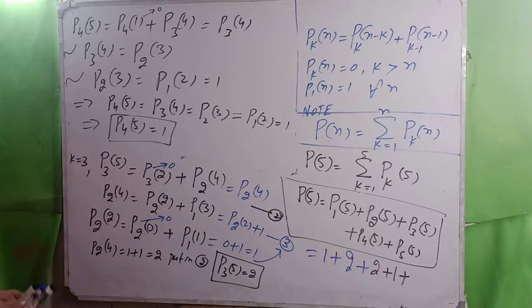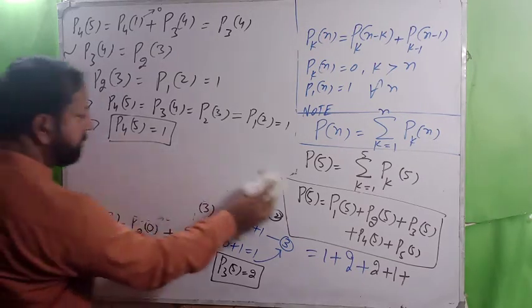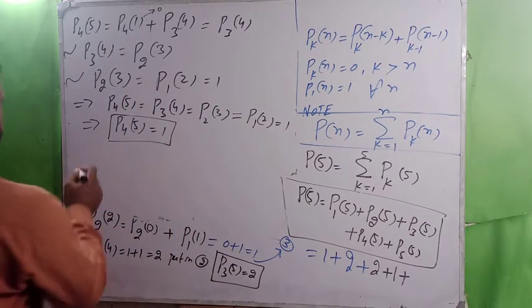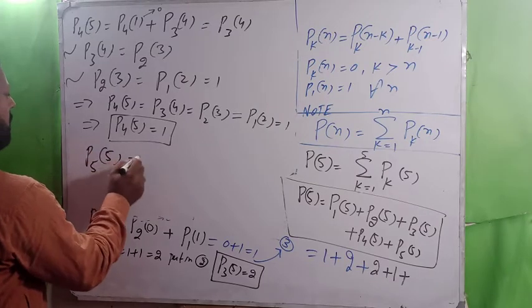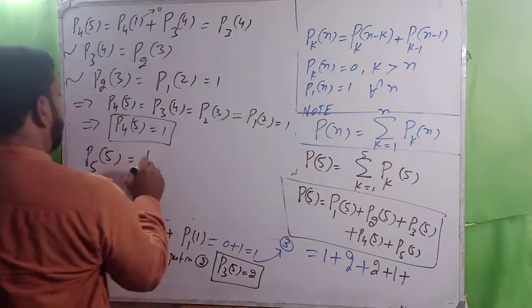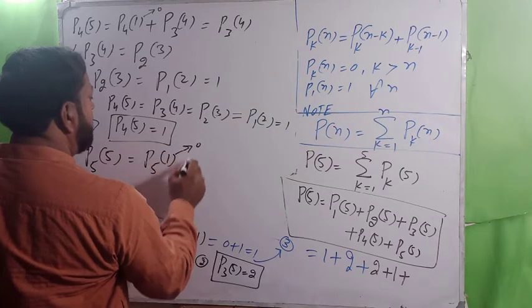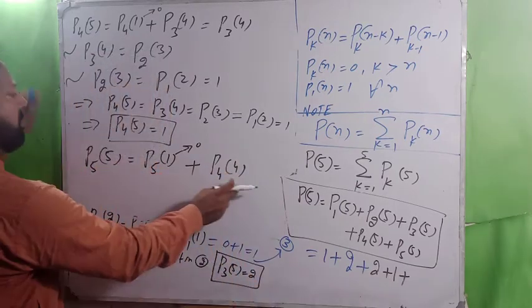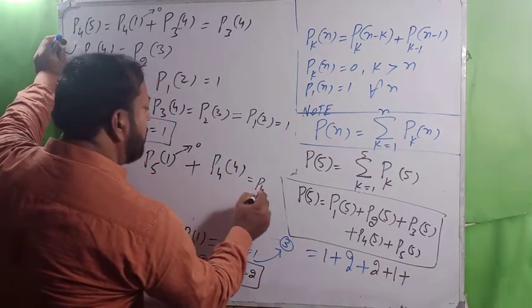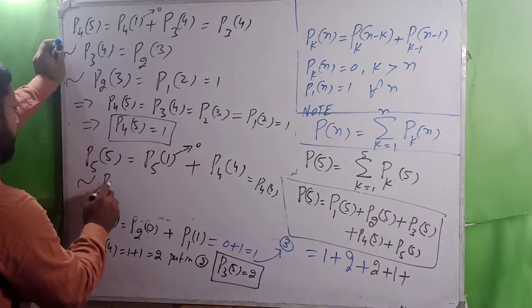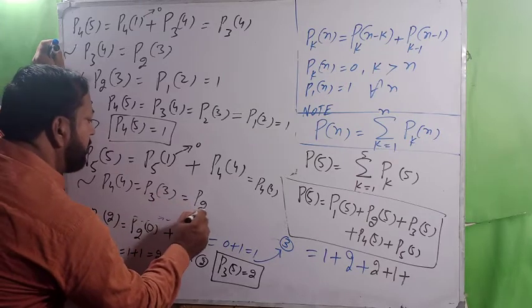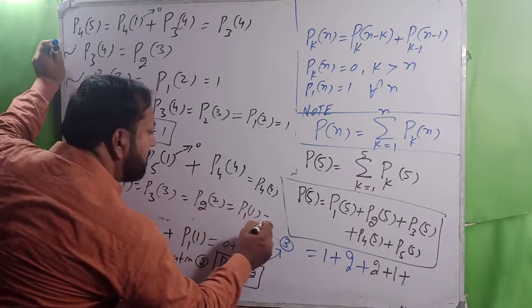We can find this as well, P(5,5). So from here you find P(5,1), which of course tends to 0, plus P(4,4). Similarly, P(4,4) will be equal to P(3,3), which would be equal to P(2,2), which would be equal to P(1,1), which is 1.